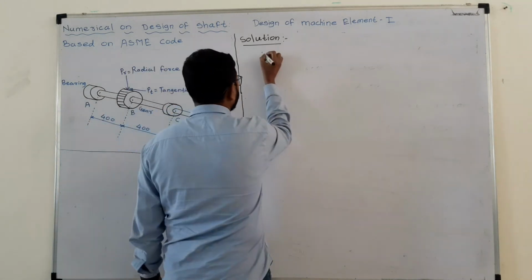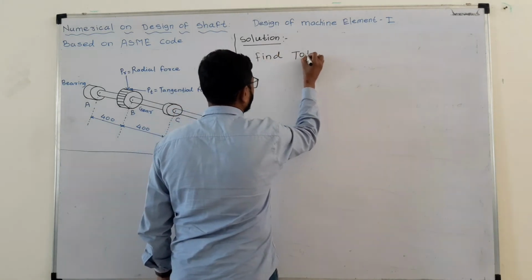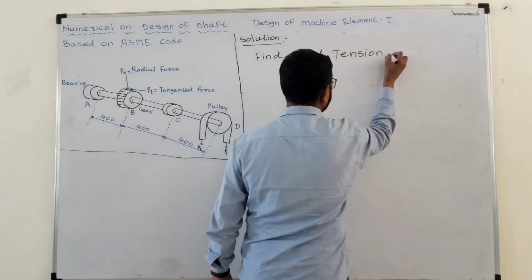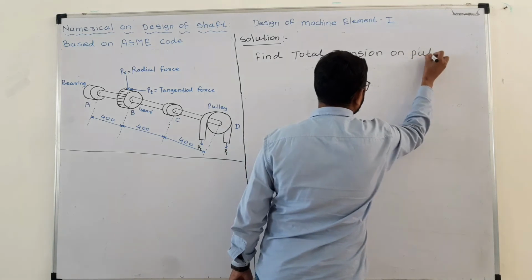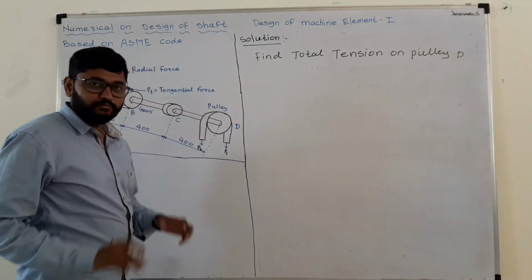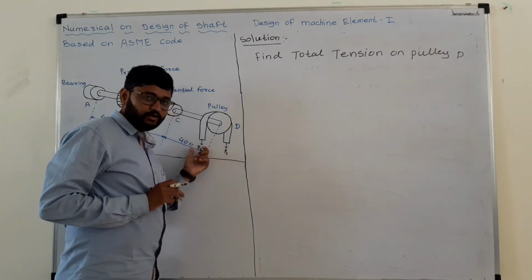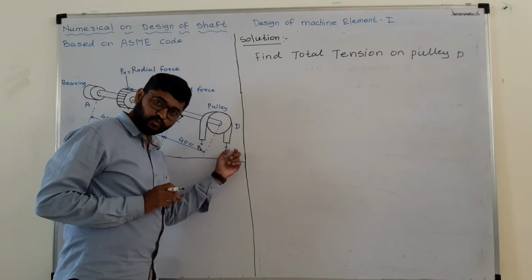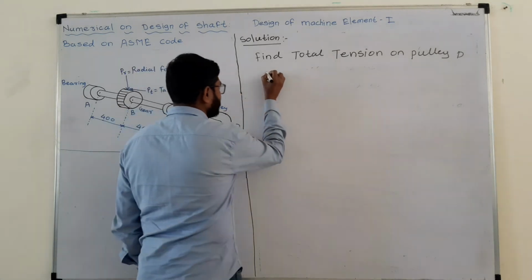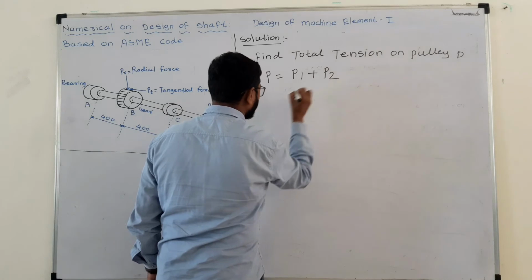That is, find the total tension on pulley D. Total tension means what? Here P1 and P2 tensions are acting on the belt. P1 is the tight side force and P2 is the loose side force. That is, P is equal to P1 plus P2.